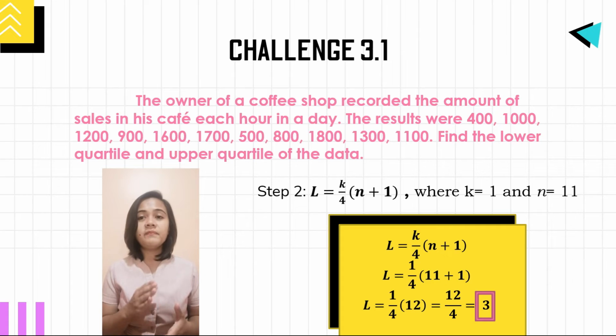Now, substituting K and n, we have L is equal to 1/4 times the quantity of 11 plus 1. So 11 plus 1 is 12, multiplied by 1/4, we have 12 over 4, or L is equal to 3.